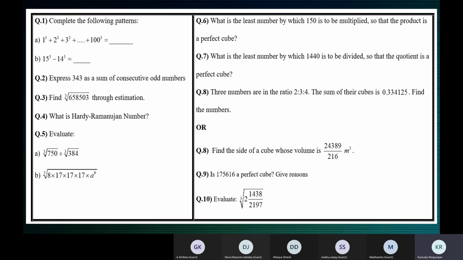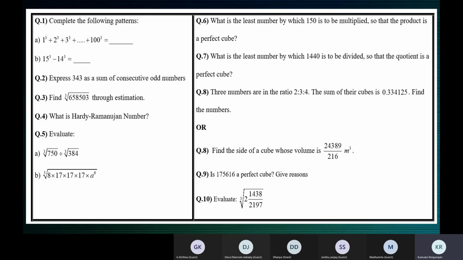So take away the division symbol and write it as cube root of 750 by cube root of 384. Now cube root of a divided by cube root of b can be written as cube root of a by b.